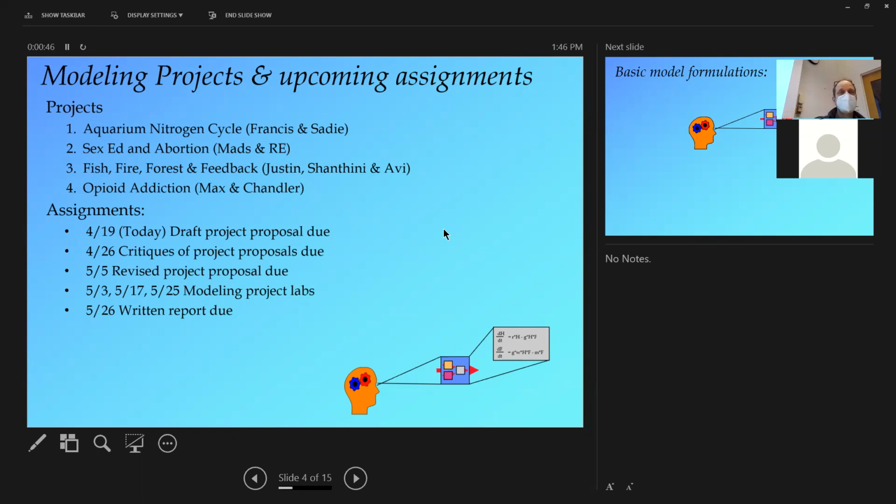But I want you to enter that really thinking about the basic formulations that govern the particular stocks and flows. What are the stocks and flows, what's the nature of the relationship between those stocks and flows in the models you're proposing, and how are we going to approach doing that? That's kind of where we're heading with those projects. Any questions?